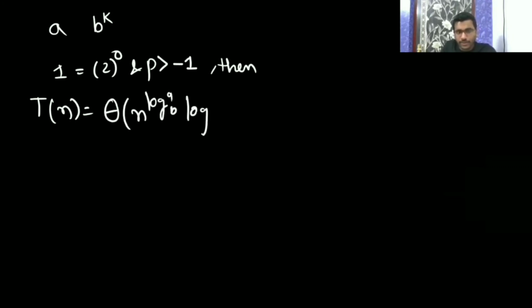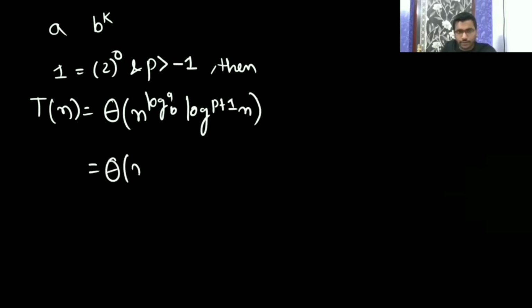Then compare a and b to the power k. a is 1, b is 2, k is 0, so it is equal, it is going to 1, and p is greater than minus 1. Then T(n) is theta of n to the power log a base b, times log to the power p plus 1 of n.